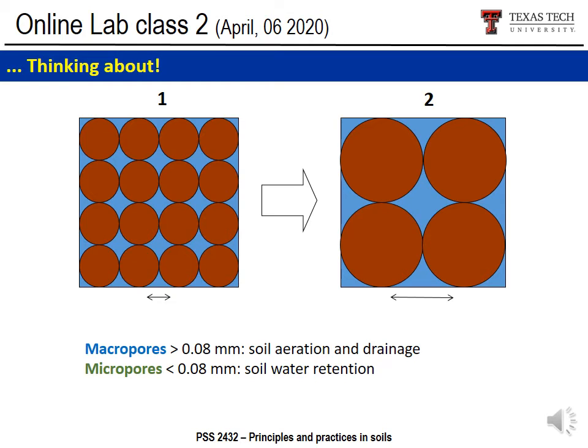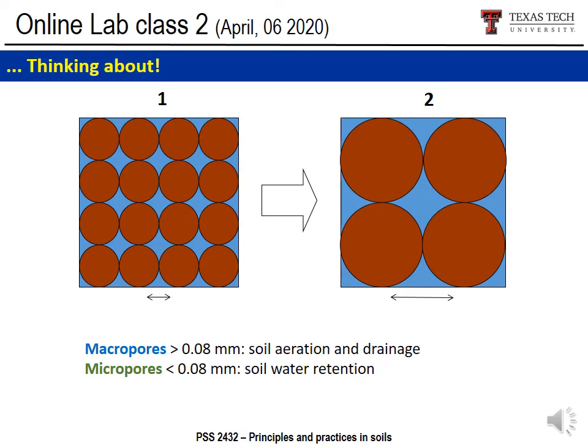Okay? The total porosity is important, but it's also important to know the soil pore size distribution. Basically, soil pores bigger than 0.08 millimeters are considered macropores.